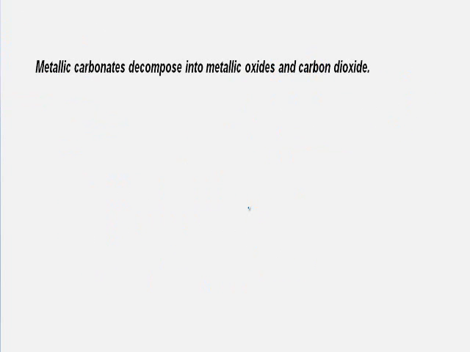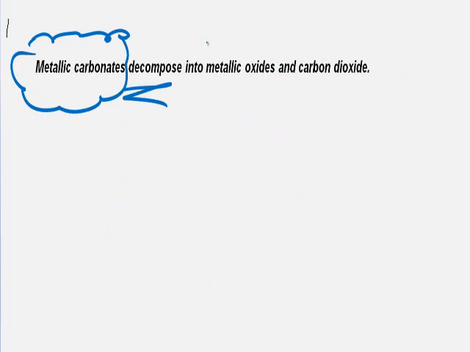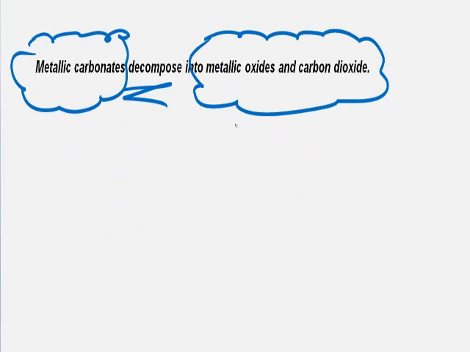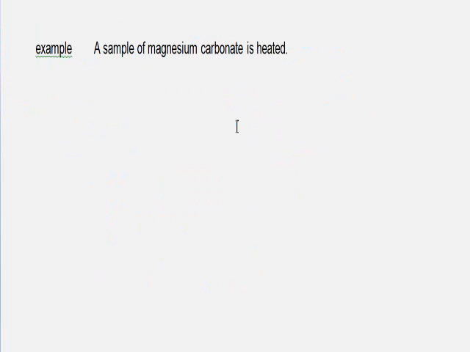We now have a series of decomposition reactions to look at, starting with our first one. Here we have something where metallic carbonates are going to decompose specifically into what we call metallic oxides and carbon dioxide. In this example, magnesium carbonate, that's MgCO3. Magnesium is a metal, so this will be classified as a metallic carbonate.